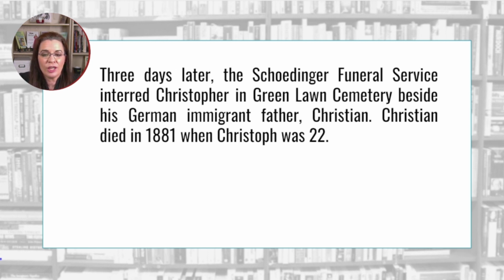Most of the information on this slide came from the death record, except for the information about his father being a German immigrant and that his father died in 1881. The information about Christian came from census records that he was a German immigrant, and Find a Grave and Greenlawn Cemetery records provided the death information.